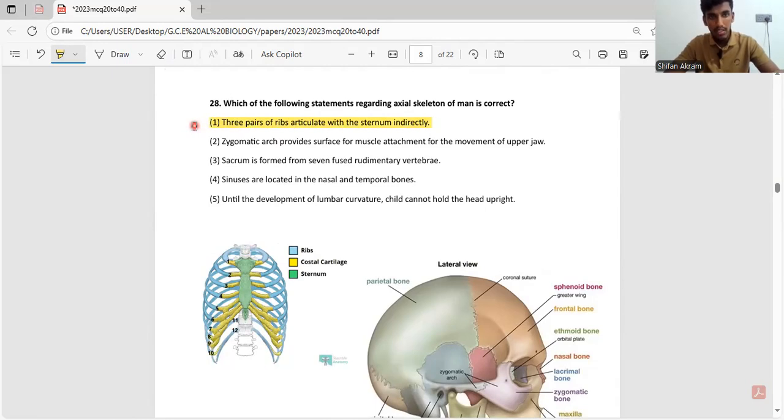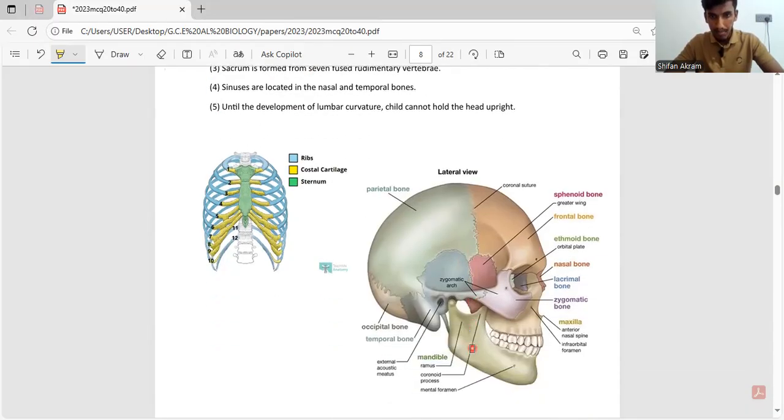Anyways, let's go through all the other 4 statements because they are really important. Second statement: zygomatic arch provides surface for muscle attachment for the movement of the upper jaw. A lot of students are confused about what the zygomatic arch is. We know the zygomatic bone, but what is the zygomatic arch?